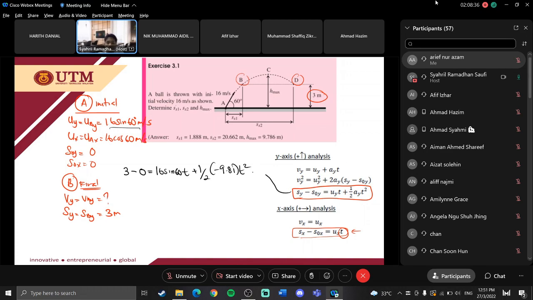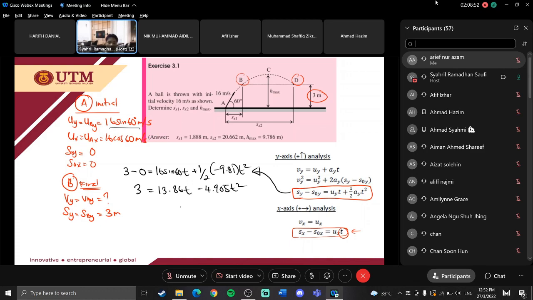So you get 3 equal to 16 sine 60, which is 13.860, minus 4.905 t squared.